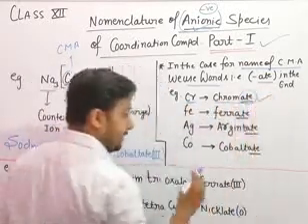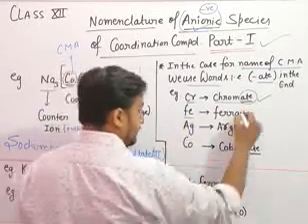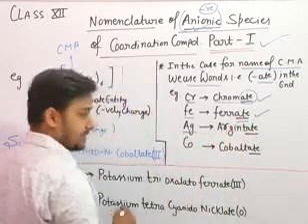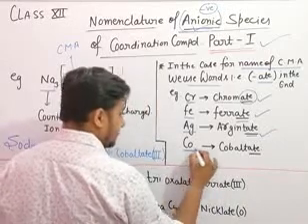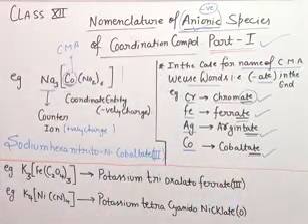At the end of the name, -ate will be added. In the case of Fe we will use ferrate, and in the case of silver, symbolized by Ag, argentate. So this is an example for the nomenclature.